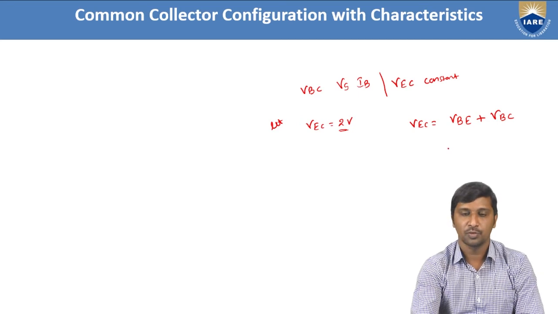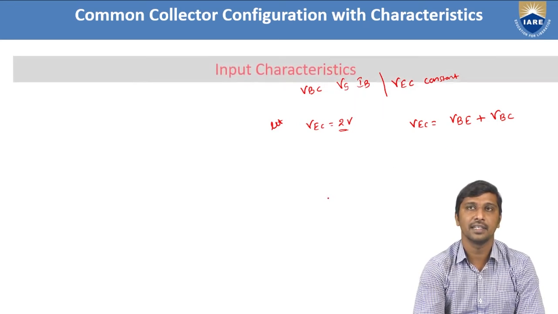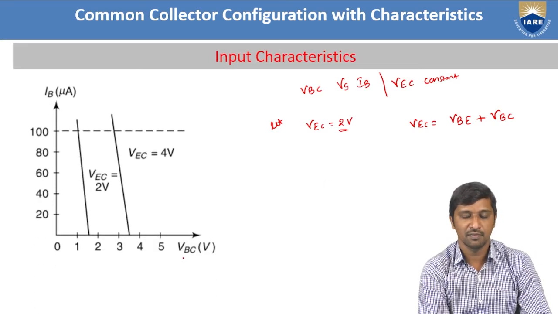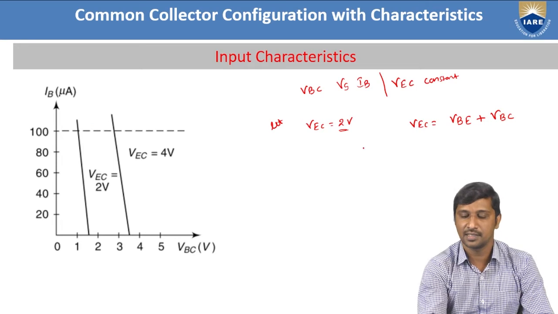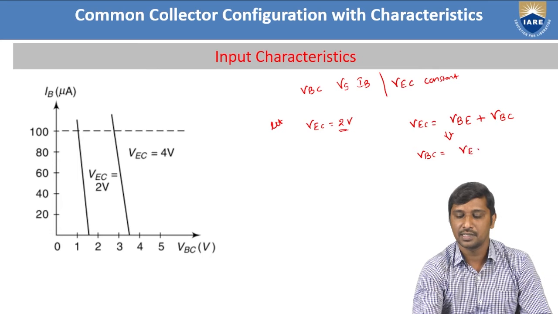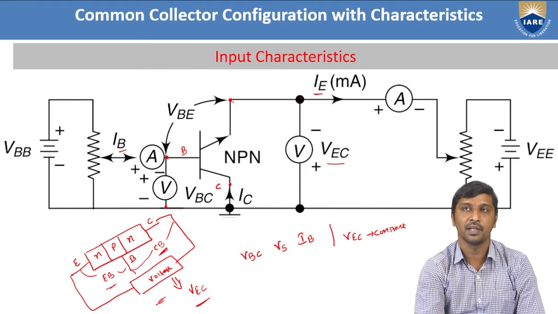But here, to plot the input characteristics under this common collector configuration, we need to plot the curve between VBC versus your IB. Hence, from this relation, I'm going to find this VBC, that is equal to VEC minus VBE.